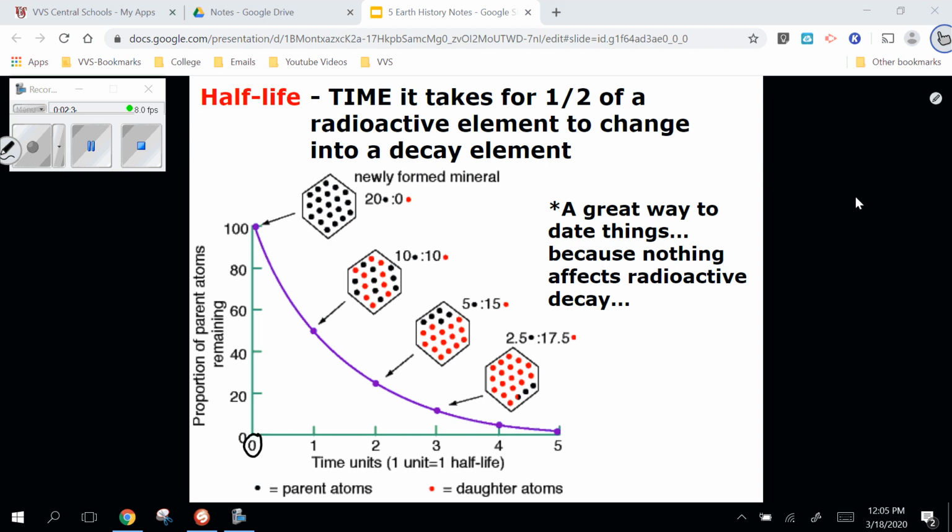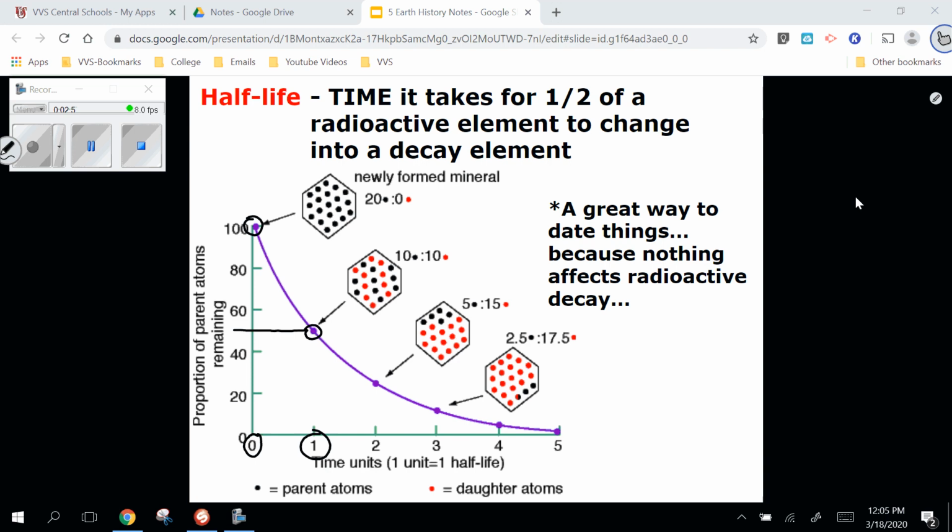It's the start of death, so to speak. So it has 100% carbon 14 in it when it dies. That's how much carbon 14 it has. Every half-life, it loses half its carbon and turns it into nitrogen.